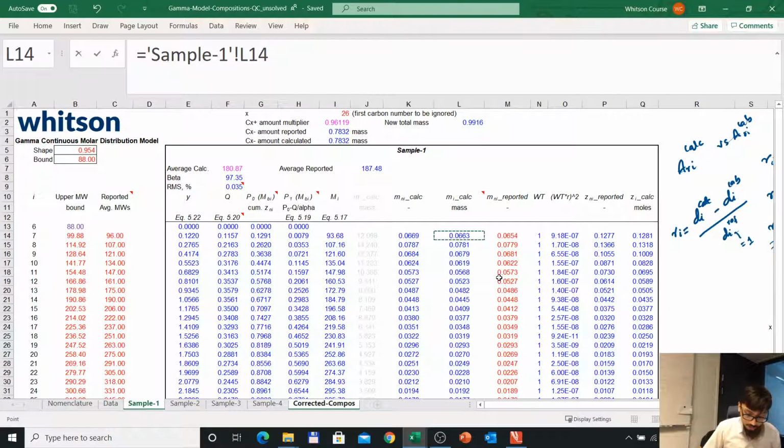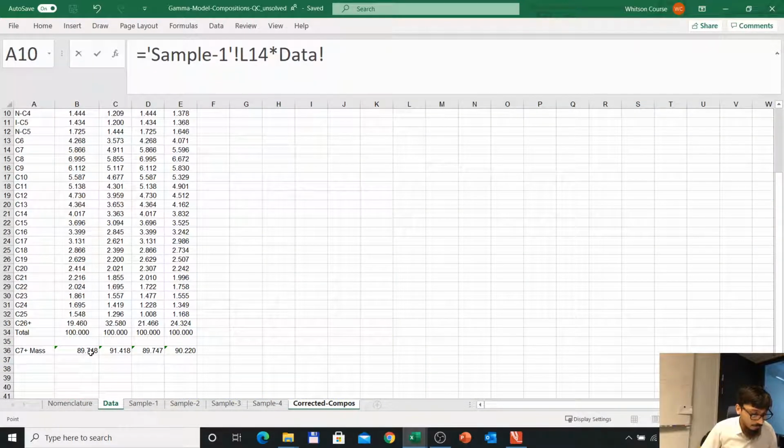Because these are normalized, we normalize it to the total. We are doing the gamma distribution model, and everything is normalized to the total mass that was reported by the lab. So we just multiply this with the lab value here.